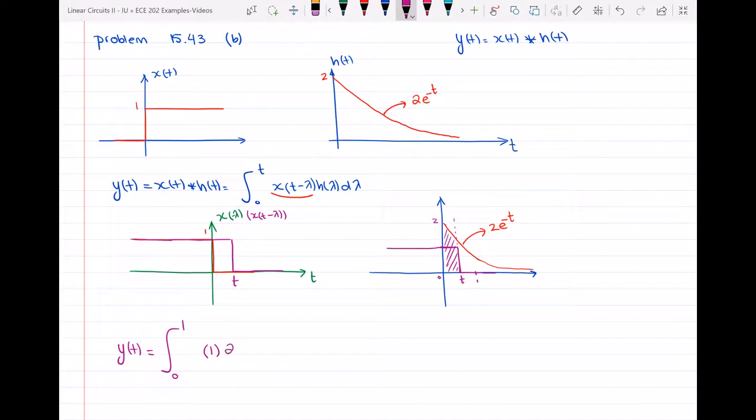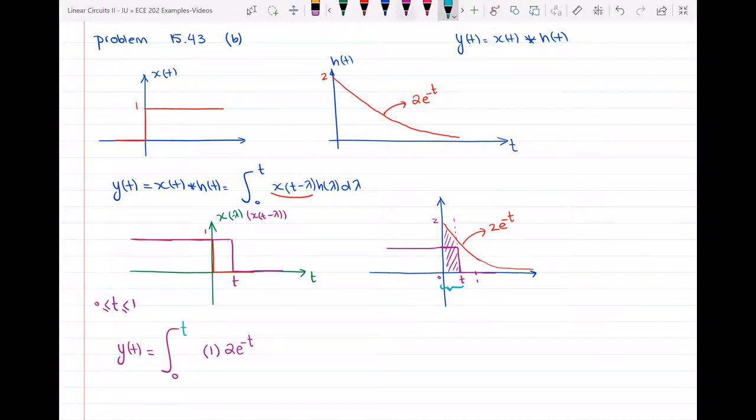It is 2e to the negative t. So that 0 to 1 is actually the limits of my t, not the limits of my integral, right? Why? Because where they have overlap will be the limits of my integral. Where they don't have any overlap, that integral is equal to 0. So this is the limit of my integral from 0 to t.